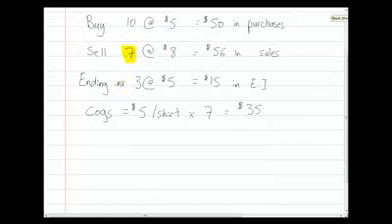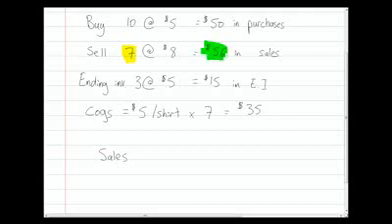Now that we've calculated our cost of goods sold, we can figure out how much money we made during the month. We start off with our sales. We sold 7 shirts at $8, which gave us total revenue of $56. Then we subtract our cost of goods sold, which is how much it cost us to buy the t-shirts which we sold for $56.